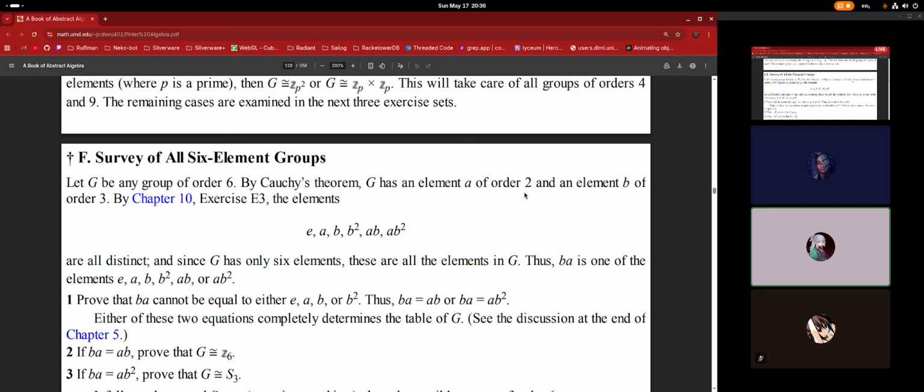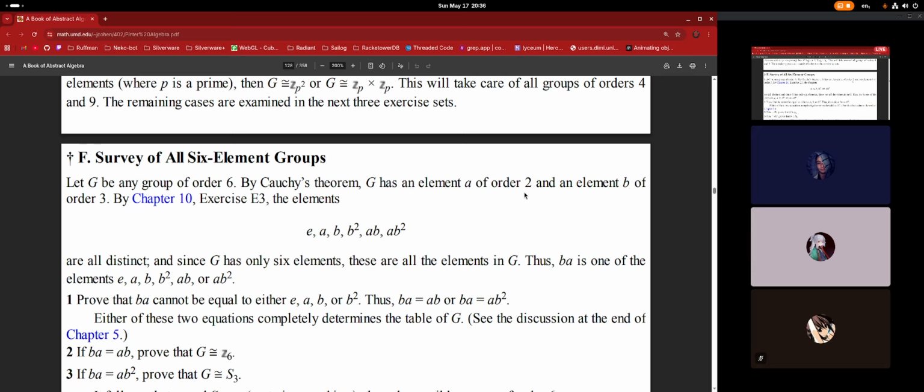No, only the identity has order 1. But isn't the order how many times you apply the function? The order is how many instances of the element you have. Ah, so it's not how many times f applies, it's how many arguments to f. Yeah, the number of applications of f is 1 less than that. Okay, so I got it wrong. Okay, no, then everything you said makes sense.